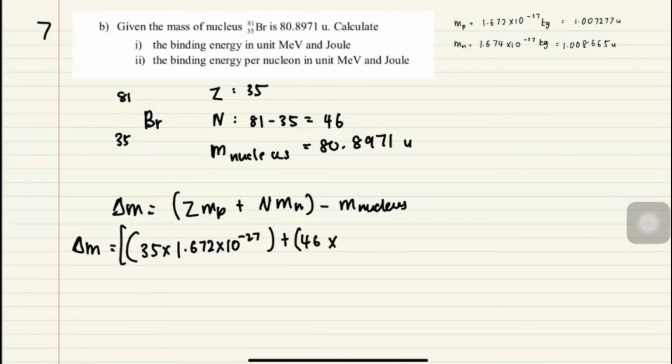Okay, saya terpakai kilogram. Terganggu sedikit. So I want to use U because they give you U. So 1.007277, 46 times 1.008665. Mass of nucleus is 80.8971.